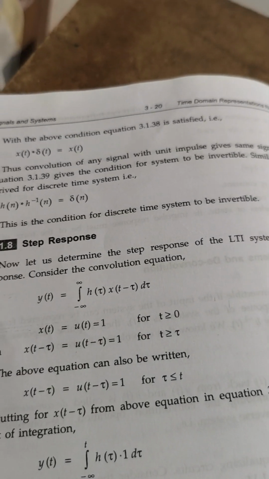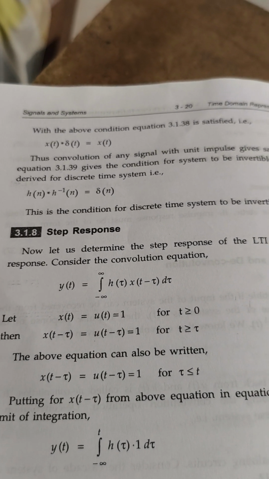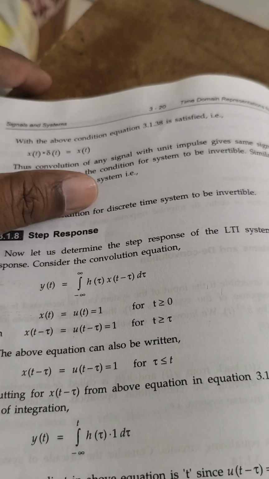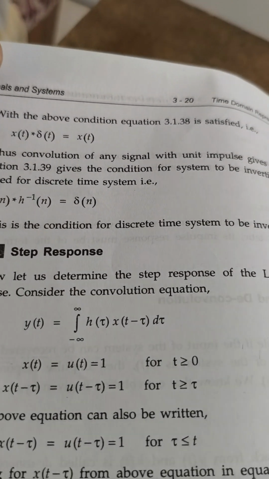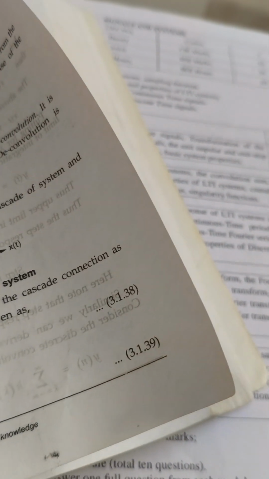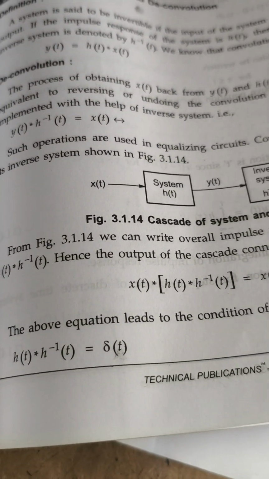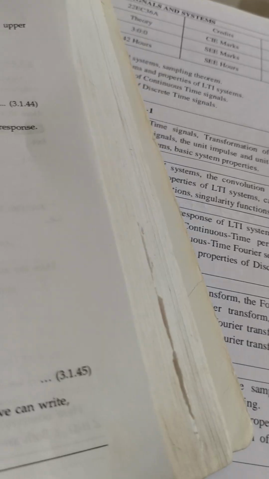This is the condition whether a system is invertible or not. Similarly, h of t convolved with h of minus 1 t equals delta t. These are the conditions to know whether the system is invertible or not.